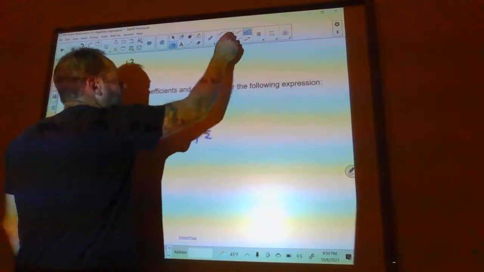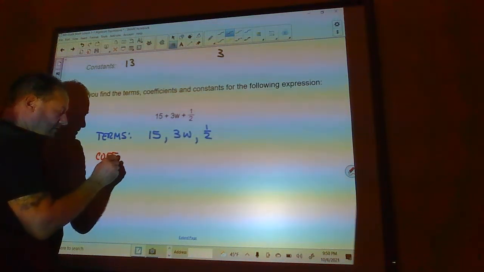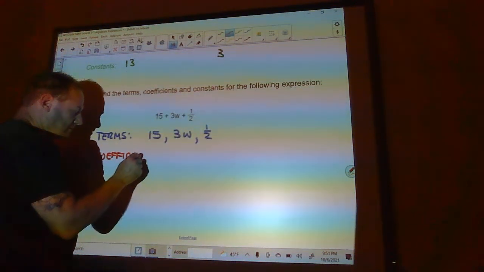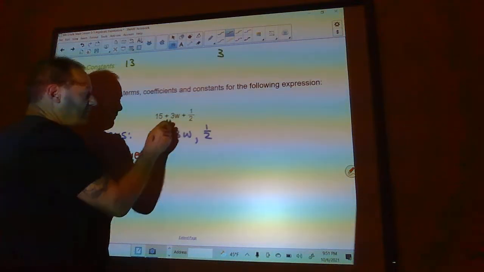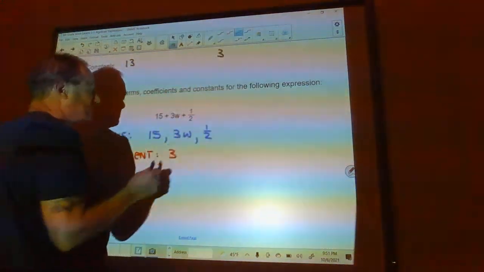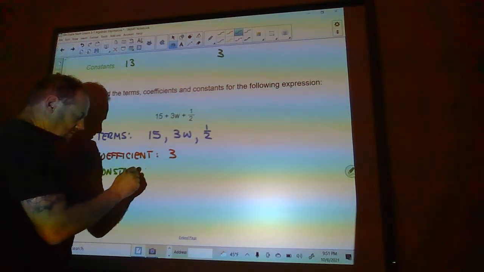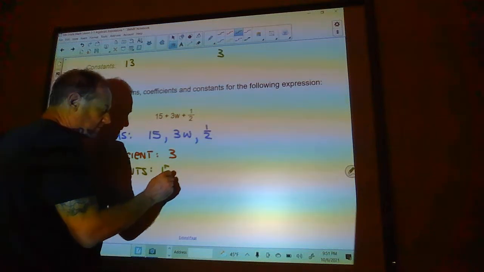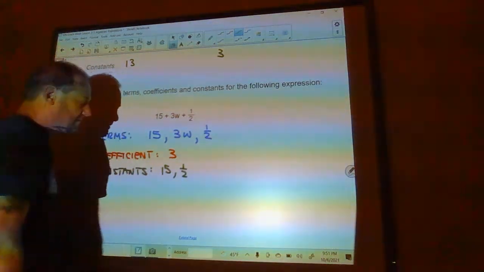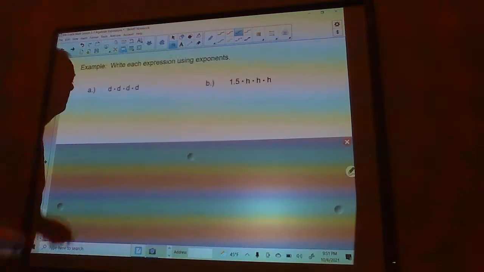It has one coefficient. The coefficient's 3. It has two constants, 15 and 1/2. Okay. Hopefully you get that right.